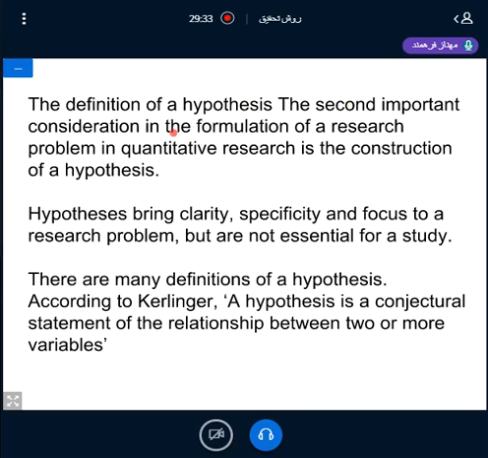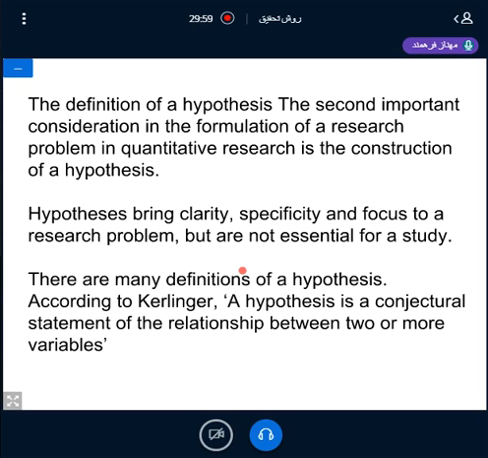The second important consideration in the formulation of a research problem in quantitative research is the construction of a hypothesis. Hypotheses bring clarity, specificity and focus to a research problem, but are not essential for a study.